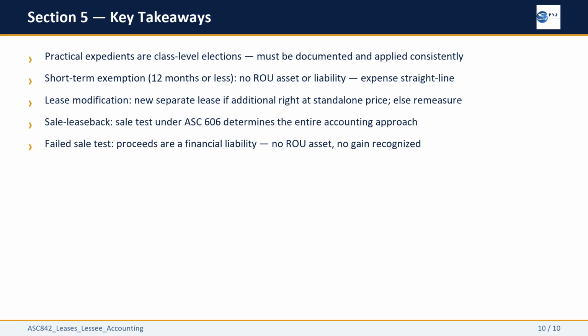The answer determines the entire accounting. And sale-leasebacks require a careful sale test under ASC 606. If the transfer qualifies as a sale, you derecognize the asset and defer part of the gain. If it fails, you have a financing arrangement with no sale and no gain.